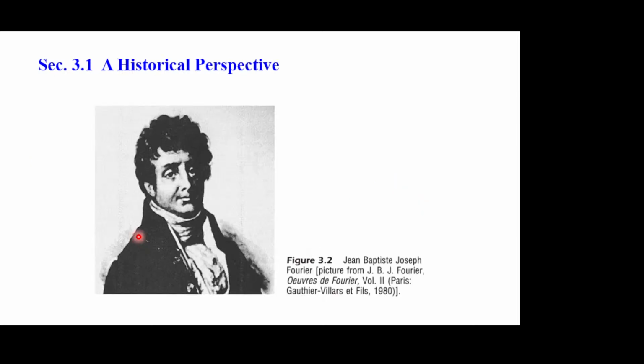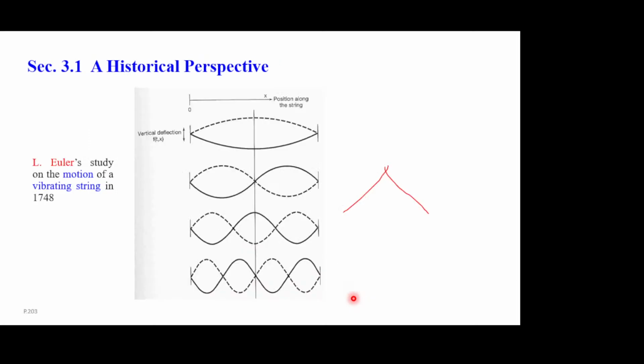But here is a little history story. Fourier's work didn't actually get accepted in his time, because it was strongly rejected by Lagrange. Because Lagrange thought doing this kind of thing doesn't make a lot of sense.